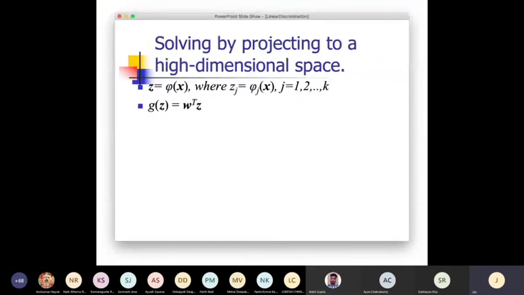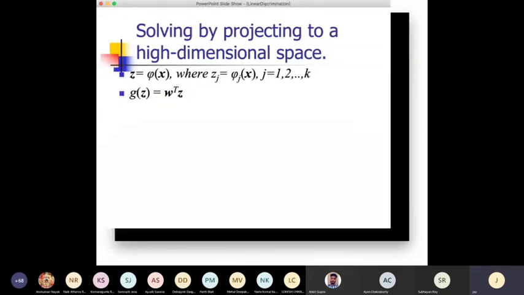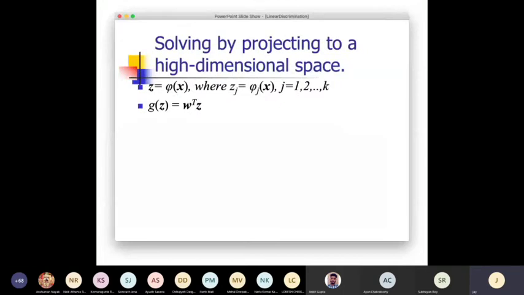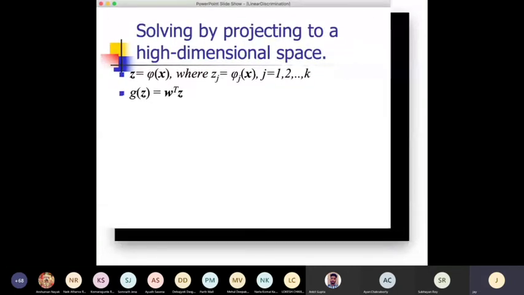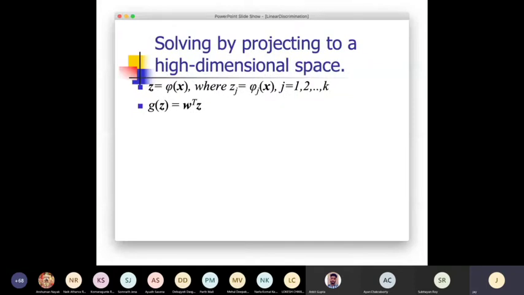As you can see in this representation, these are the new variables z, and z is computed as a nonlinear transformation of the feature vector x. So every component of z is a nonlinear mapping from the feature space to that component only.